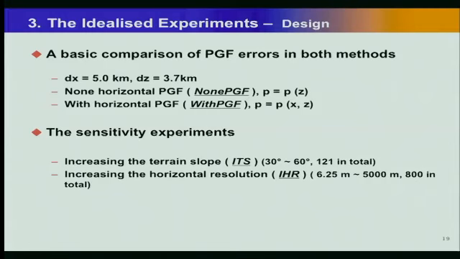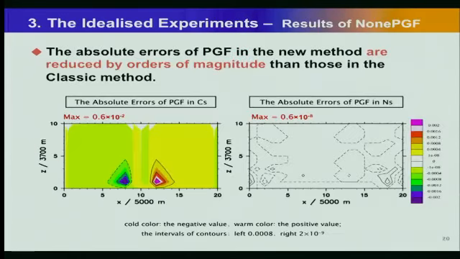And in the sensitivity experiments, we increase the terrain slope as well as the horizontal resolution. So here we have 4 experiments. The first one is the non-PGF experiment, and the second one is the with-PGF experiment. Third, we increase the terrain slope, and finally we increase the horizontal resolution.